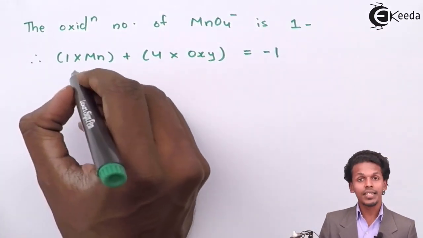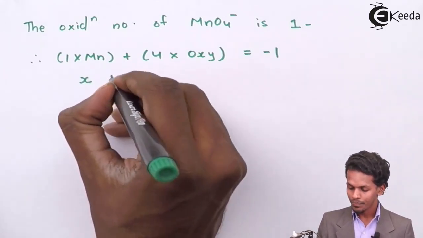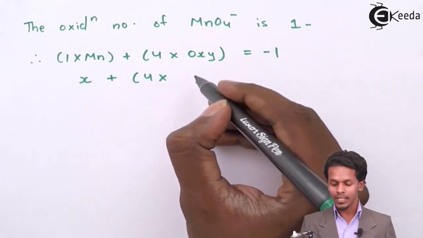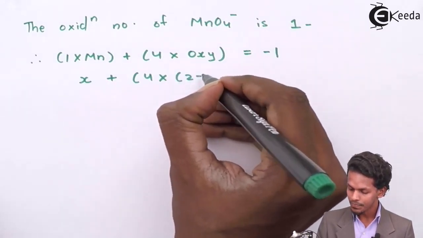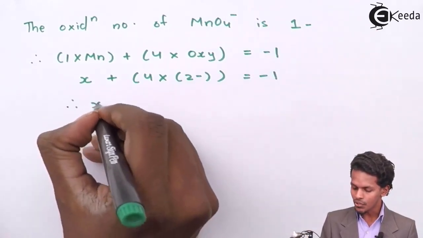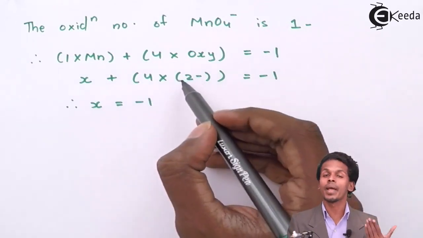So I consider the oxidation number of manganese to be X, which I don't know right now. So 4 into the oxidation number of oxygen, which is 2 minus, is equal to -1. Therefore X plus 4 into -2, that is -8, equals -1.